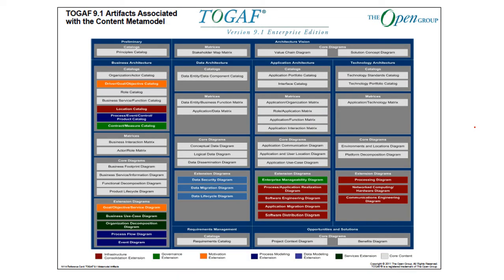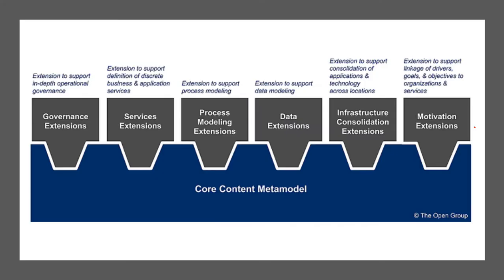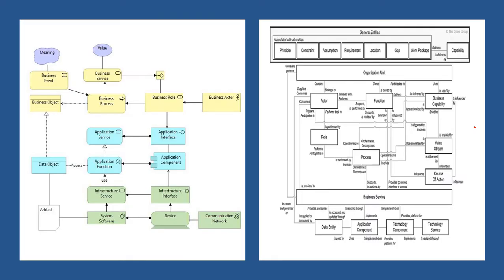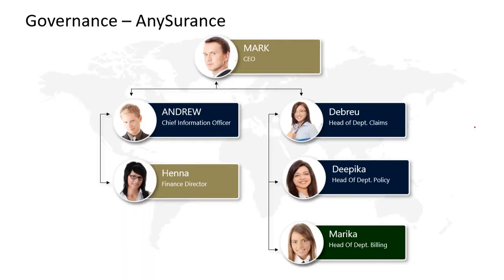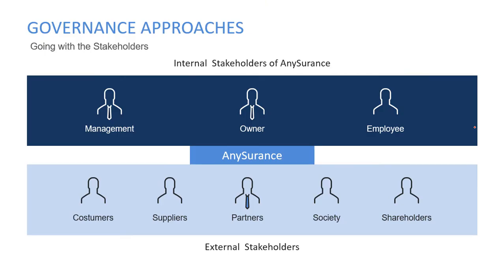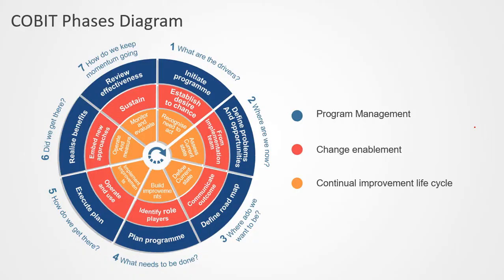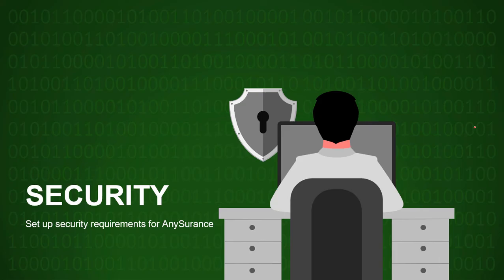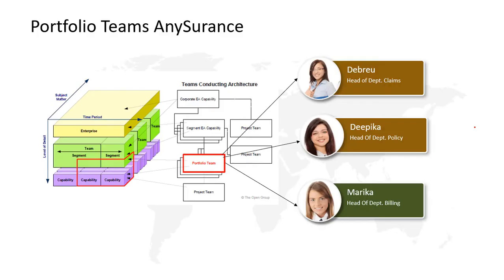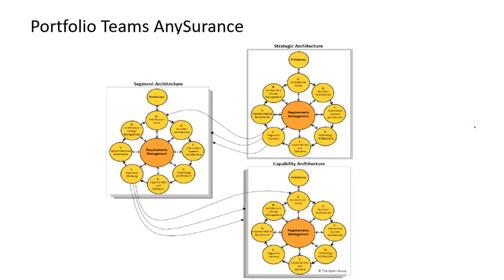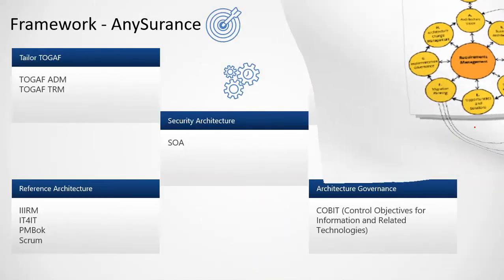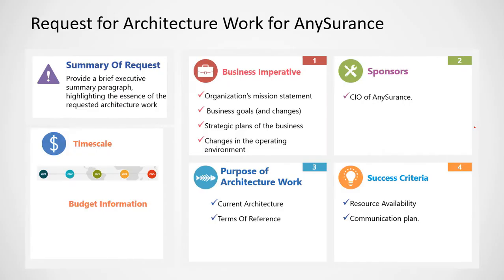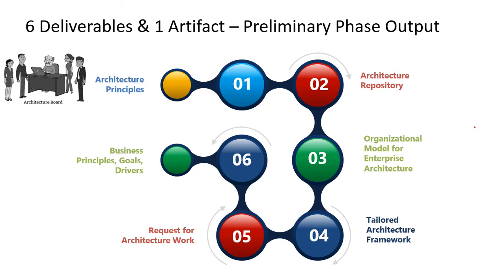We will also see the TOGAF artifacts, how to derive the content metamodel, divisions, how the metamodel looks like, the governance of an insurance company, the governance environment, the cockpit phase diagram, the security part of it, the architecture partitioning, the portfolio teams and how they operate, the frameworks we finally derive, and the deliverables and artifacts of the preliminary phase.